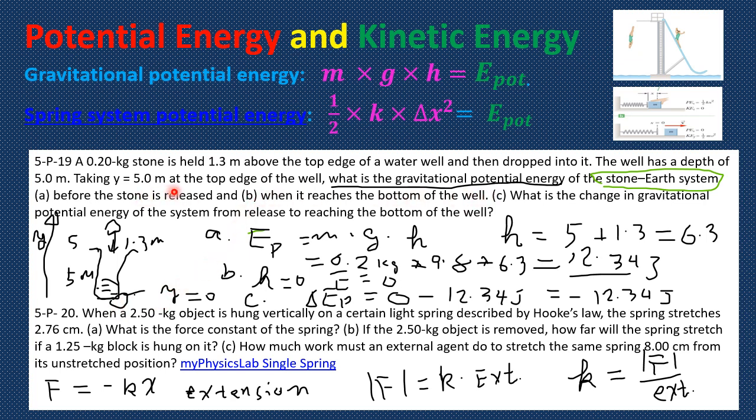What are we asked? What is the potential energy of the stone-earth system? Potential energy actually belongs to the stone and the earth together. Of course, the earth is big, so we just say that energy all belongs to the stone, which is perfectly fine for us.